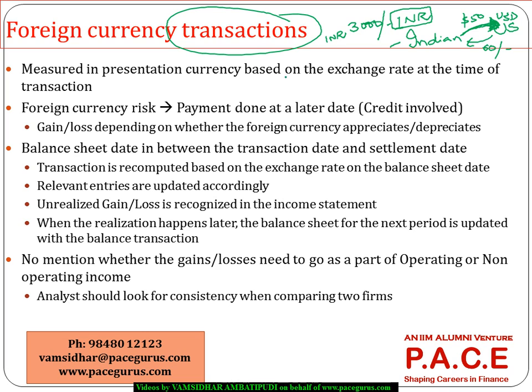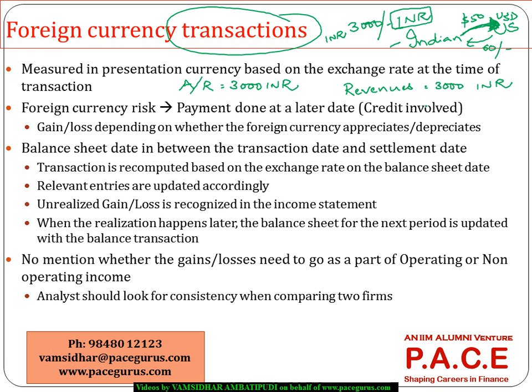If I receive that $50 on that particular day itself, nothing to worry about. But otherwise, as per revenues, I will recognize 3,000 rupees, and because credit was given, accounts receivable will also show 3,000 rupees, on the day the transaction was done, irrespective of whether the payment was received or not.